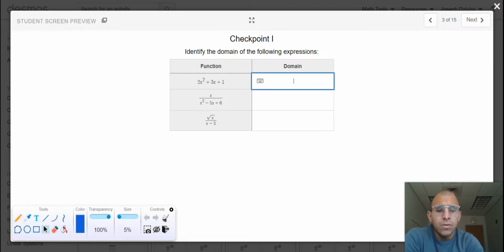So there are a few different ways that we are going to be able to notate our domain. One of those ways is through interval notation.